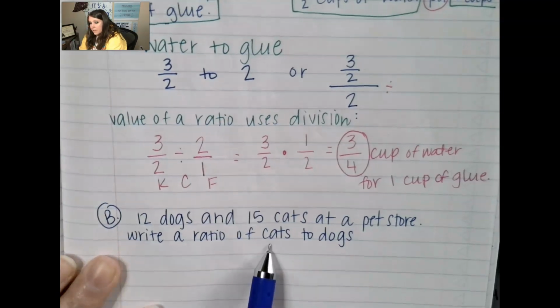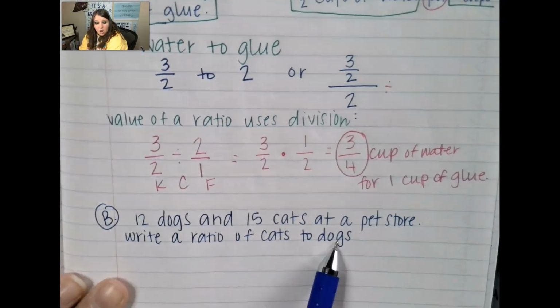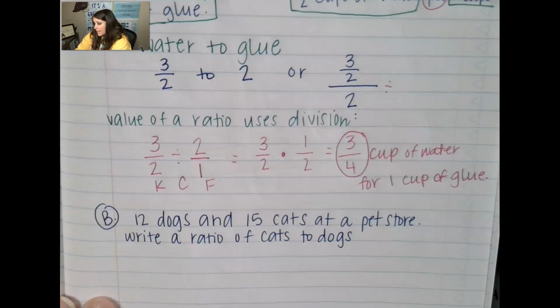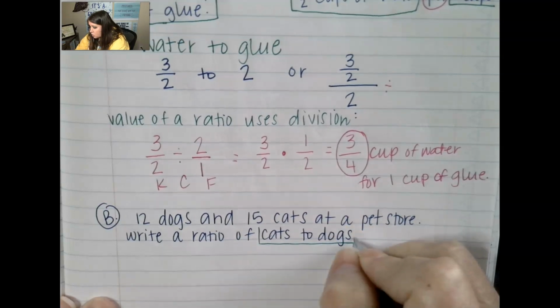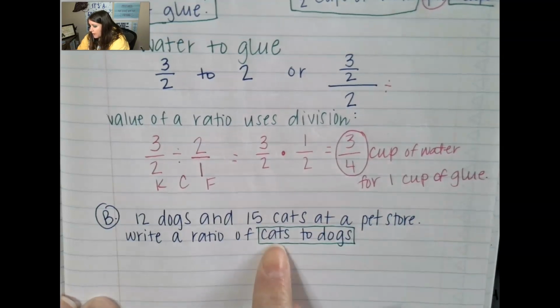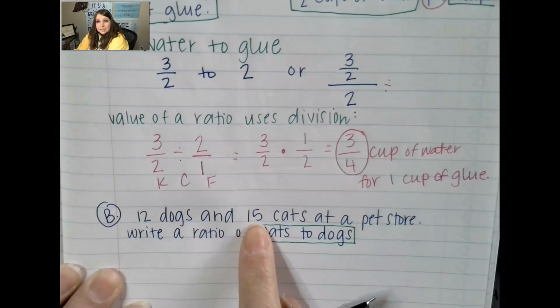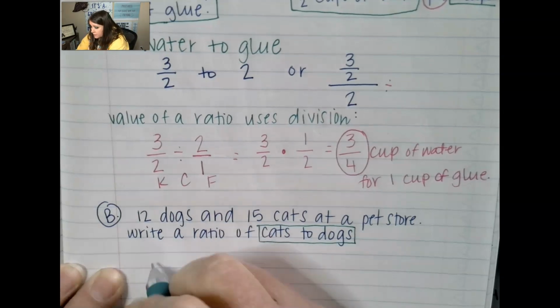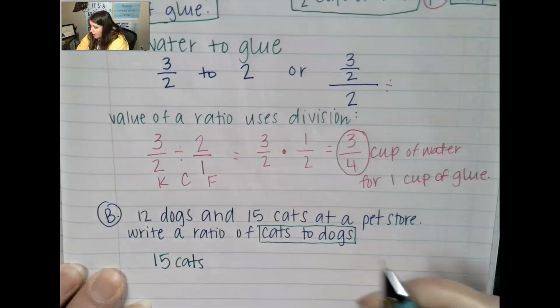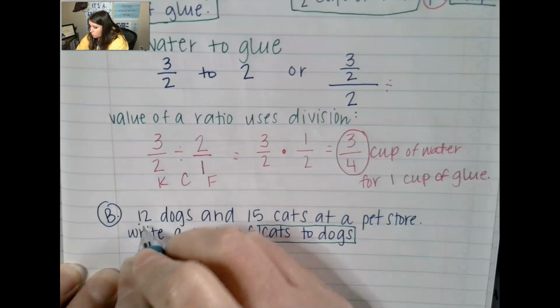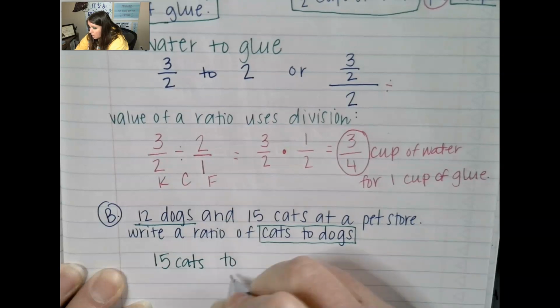So we're comparing cats first, dogs second. So cats, then dogs. Where's my pen? There's my pen. All right, so cats to dogs. So if we come back up here and we look, we see that we have 15 cats to 12 dogs.